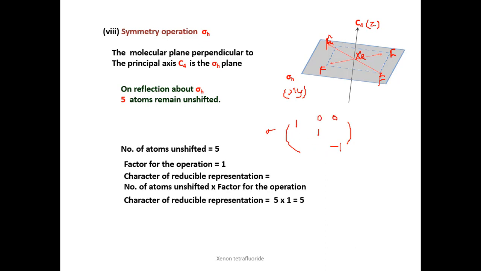The remaining elements will be 0. Whatever items are present in the plane itself are unshifted. X and Y are present in the plane, and so X and Y are not shifted. That is why you get 2 positive ones, whereas for Z you will get minus 1. If you take the sum of the diagonal elements, it will be 1 plus 1 minus 1, and that will be equal to 1. That is how you get the factor for the operation as 1.